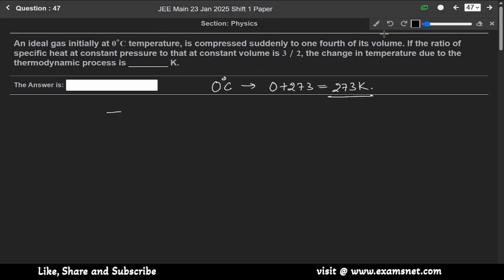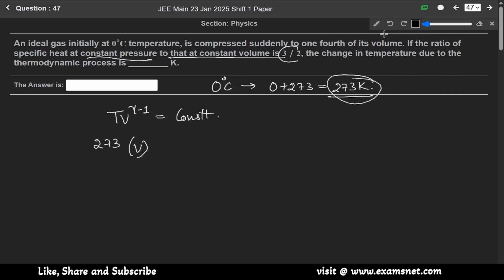And we know the relation that T V to the power gamma minus 1 is equal to constant. Okay, so this temperature 273 Kelvin into V, and ratio of constant pressure to constant volume is 3 by 2 means gamma is given as 3 by 2.